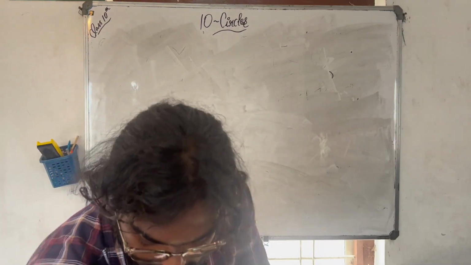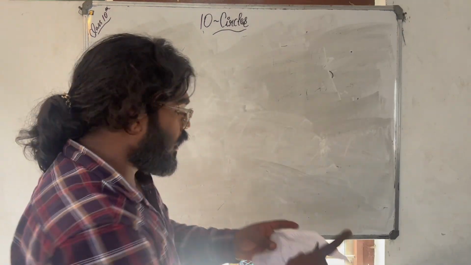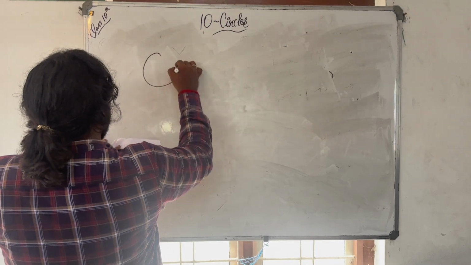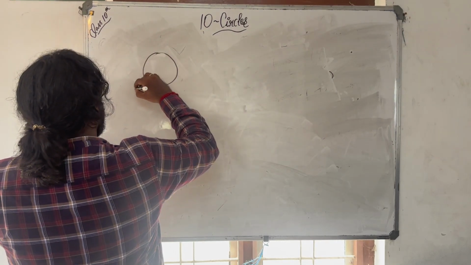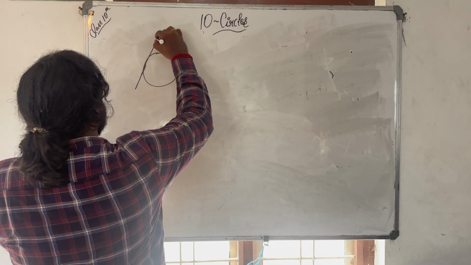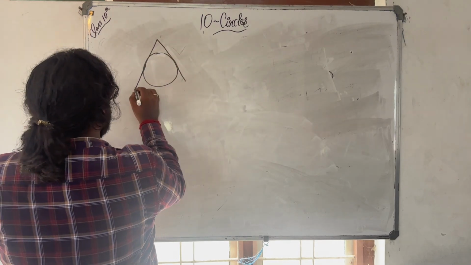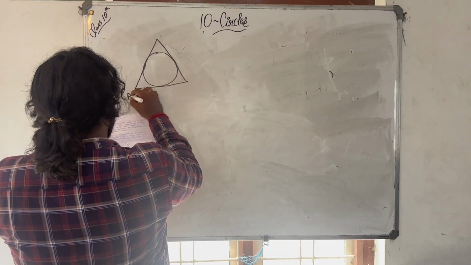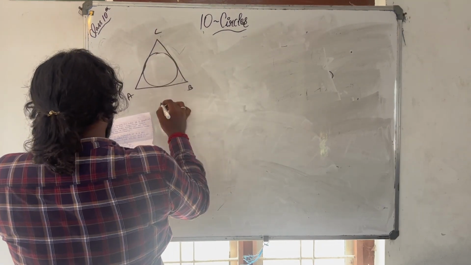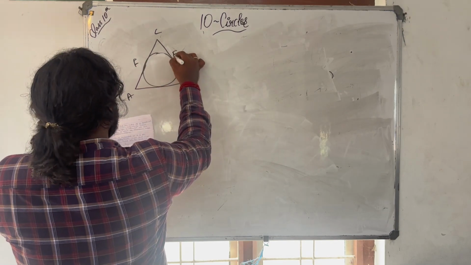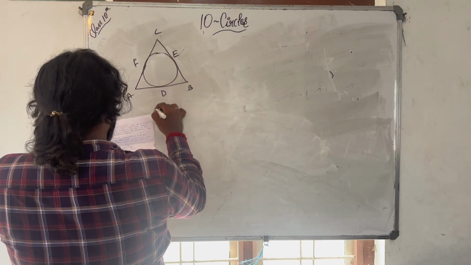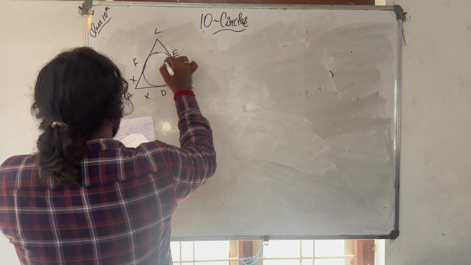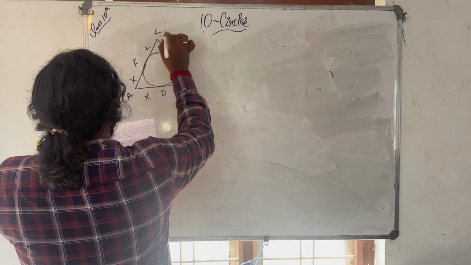Here a circle is inscribed in a triangle ABC. The points of contact are D, E, F, and the tangent lengths are X, Y, Z. This is given in the question.